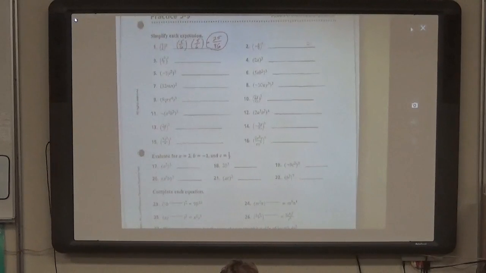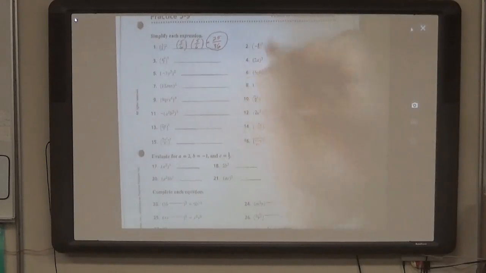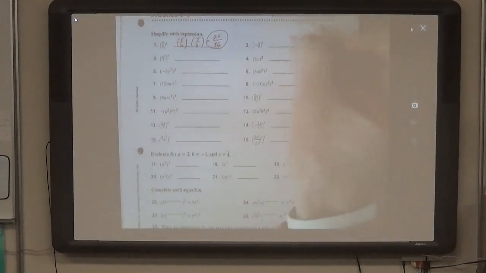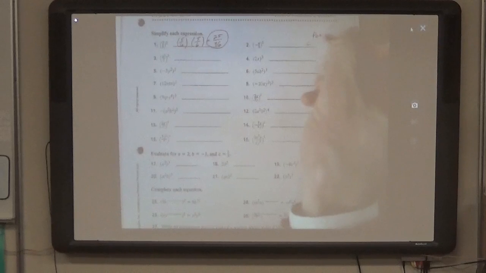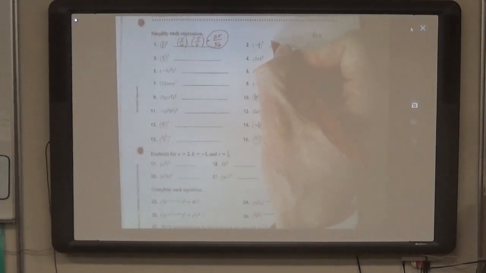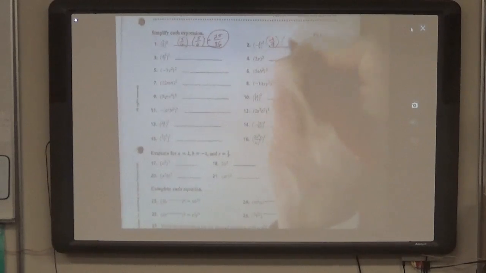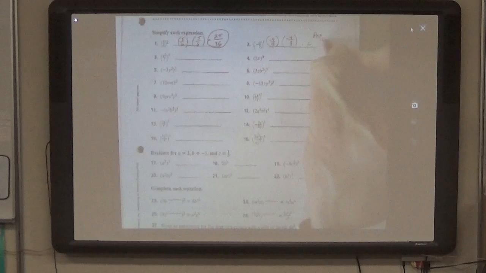Good. You're getting it. This is negative times negative, so the answer is going to be positive. Negative 4/9 times negative 4/9 equals 16/81.